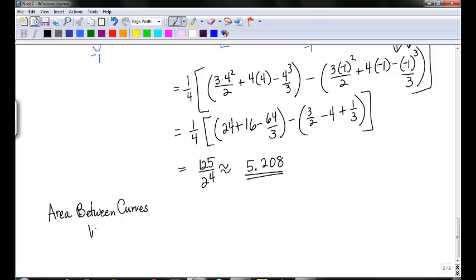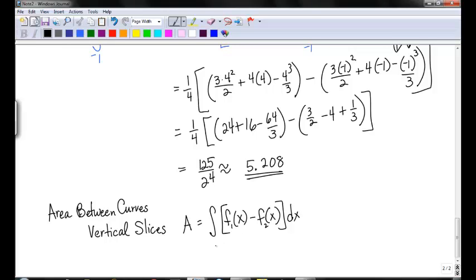For vertical slices, we're going to separate it into vertical slices. The area equals the definite integral of f sub 1 of x minus f sub 2 of x, that whole thing with respect to x from a to b.